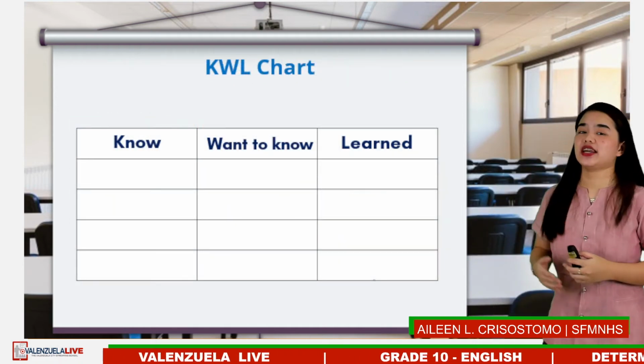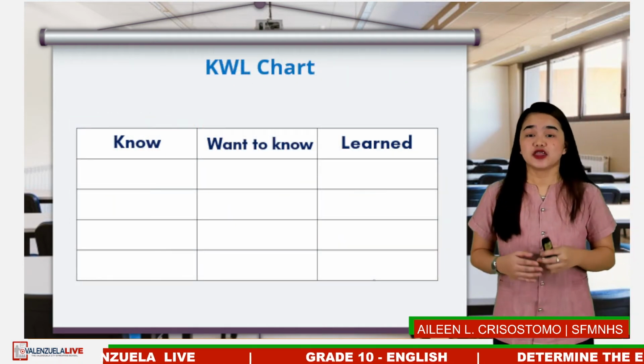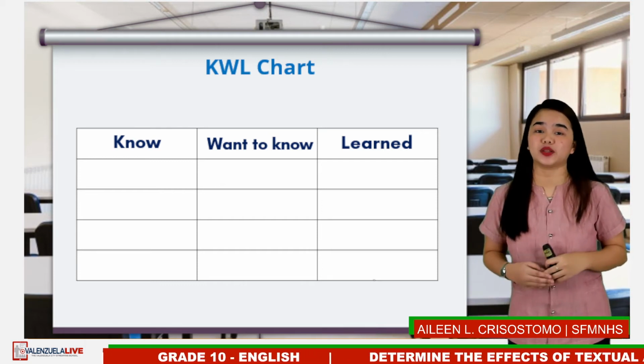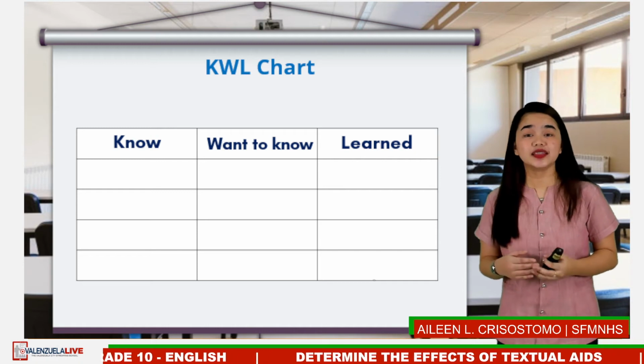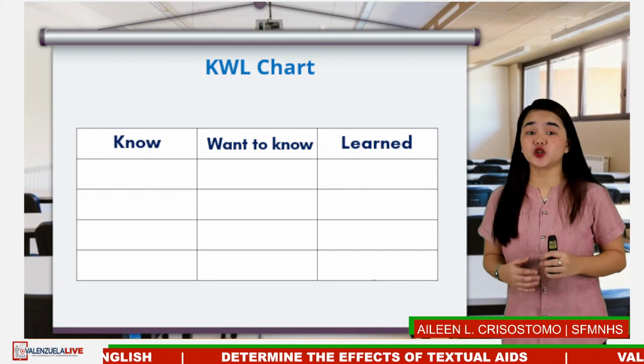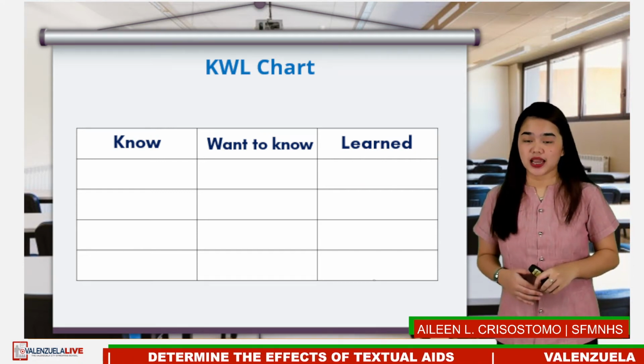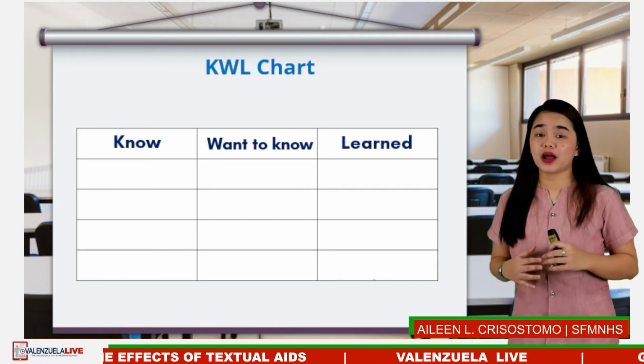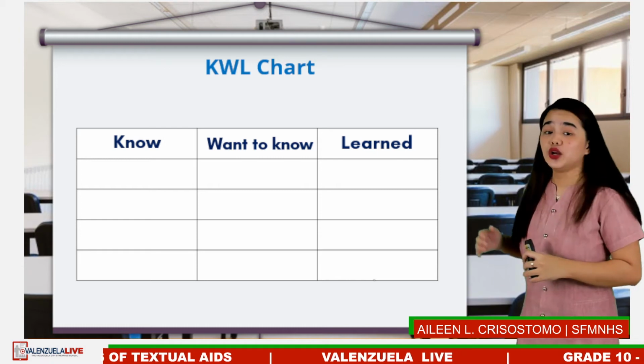This chart is divided into 3 columns. The first column is intended for you to write what you already know about a certain topic. On the second, you may write what you want to know about it. After the lesson, you may accomplish the third column by writing what you have learned.